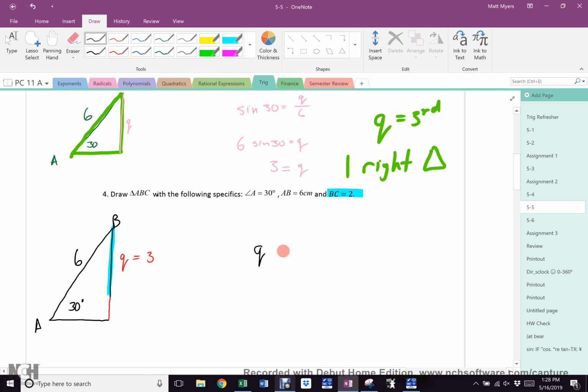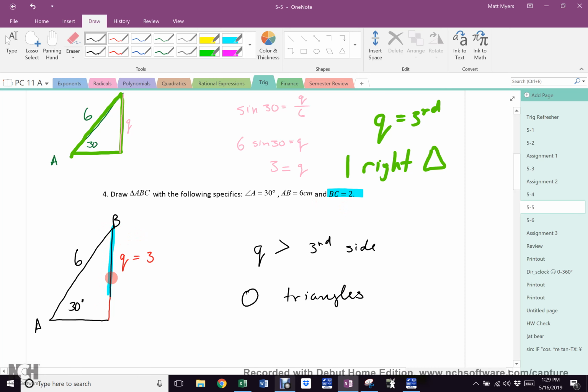If Q is greater than our third side, how many triangles can we make? 0 triangles. It's impossible. Everybody understand? Because this third side, which is blue, is only 2 centimeters, 2/3 of the 3, yes?